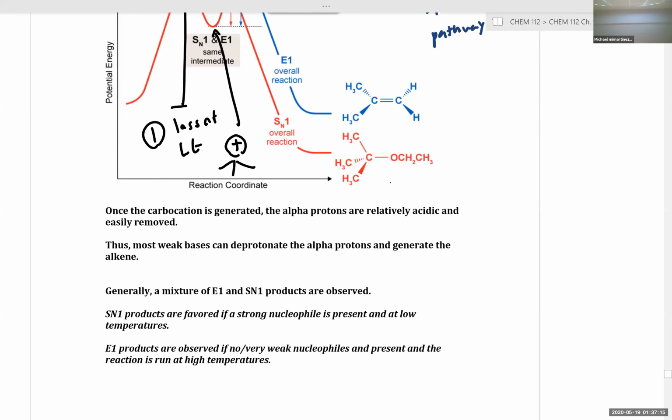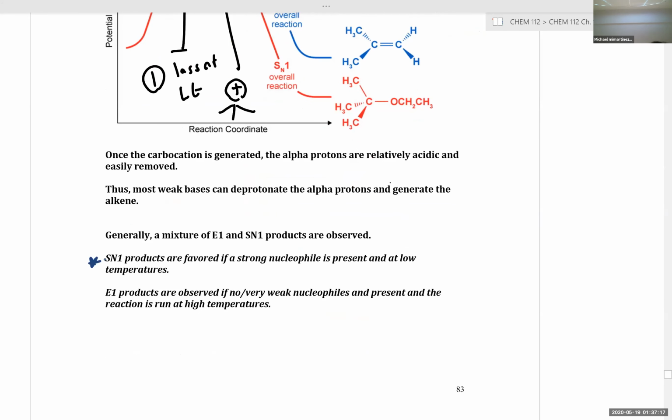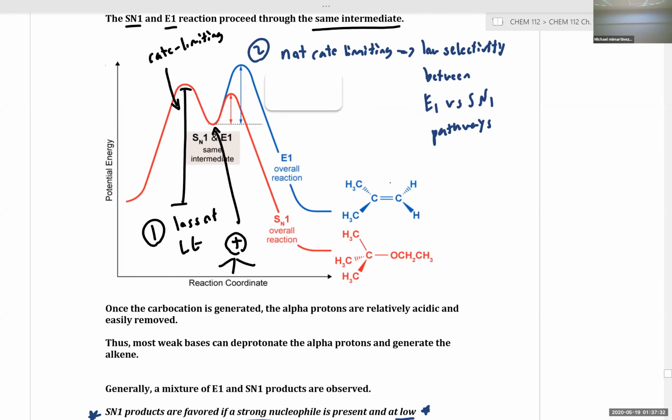So, but there's a trick. SN1 products are favored if a strong nucleophile is present at low temperatures. So just put a star next to temperature, because remember, elimination versus substitution is influenced by temperature. Why?